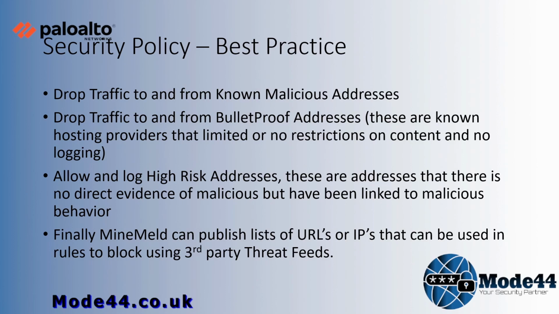And that way you can get threat information from everywhere. There's no such thing as too much threat information, really, unless you're trying to do it manually. So with things like MineMeld and so on, you can deduplicate it.